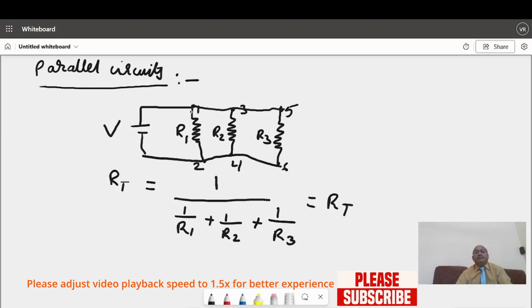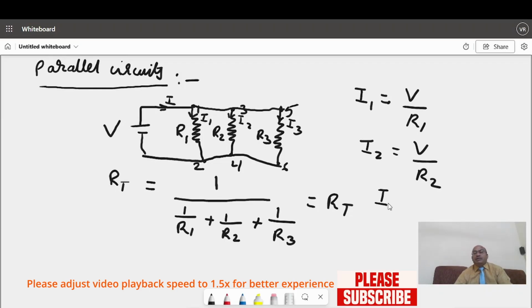Next, the current flowing in R1 is I1, current flowing in R2 is I2, current flowing in R3 is I3. So this is the total current. I1 is equal to V by R1, I2 is equal to V by R2, I3 is equal to V by R3. These are the individual branch currents.